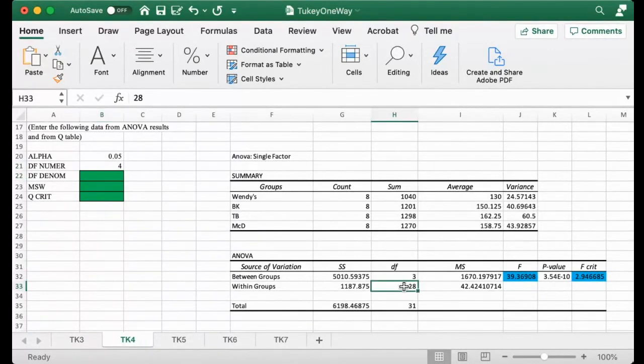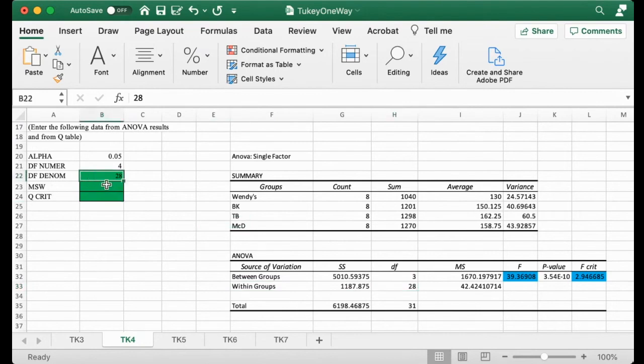K is 4, our N is 8, so 4 times 7, yeah, 28. So you can just type that there. It's degrees of freedom within group, always going to be this number right here.